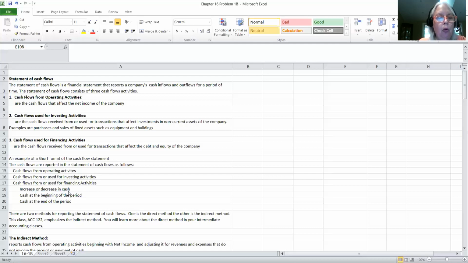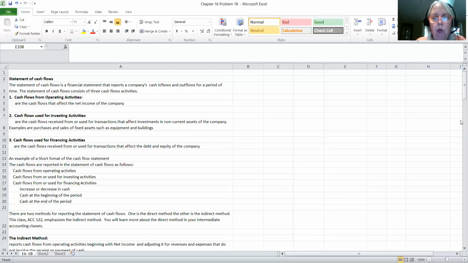Once you've determined whether you have an increase or a decrease in cash for that period of time, you're going to add it back to the beginning cash balance, and that will leave you with the ending cash balance for the period. Again, this is a shortened form of the statement of cash flows.